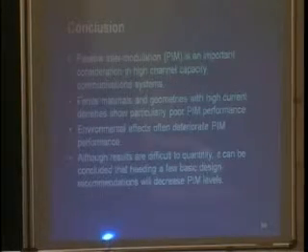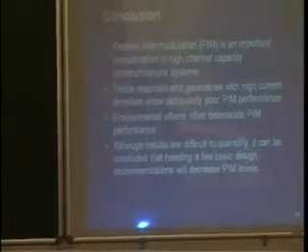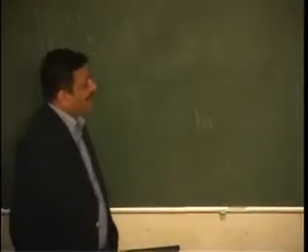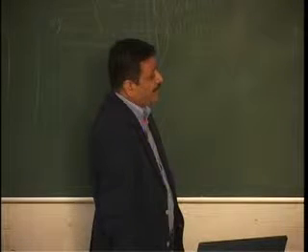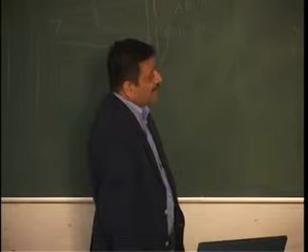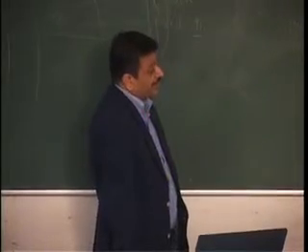So PIM is a very important consideration wherever we talk about high channel capacity in communication systems, and generally this type of behavior is seen in ferrite materials and in geometries with high current densities, which show very poor PIM performance, and environmental effects often deteriorate it.